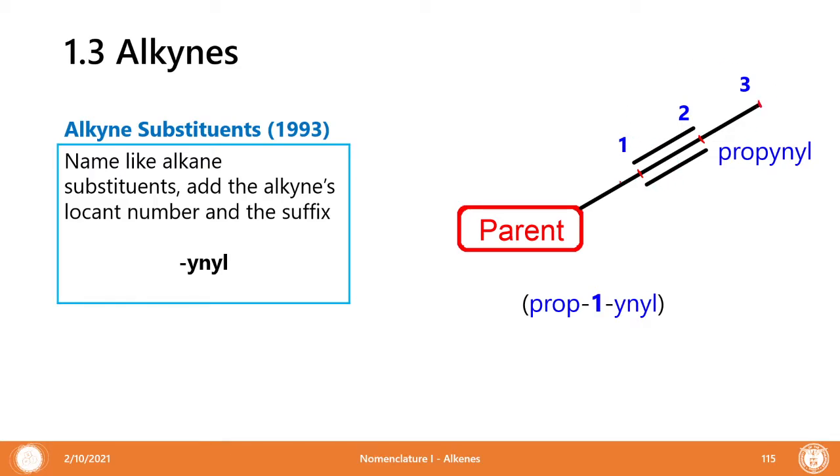So we have 3 carbons here. Prop. 3 carbons. We have an alkyne, that's why we use the -yne. And then it's a substituent to a parent chain, -yl. So when we form the name, we must attach the number inside. So prop-1-ynyl.